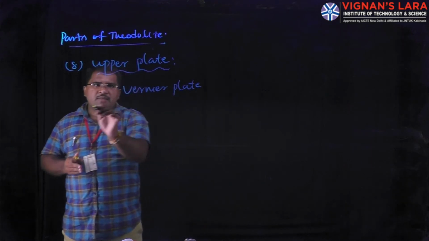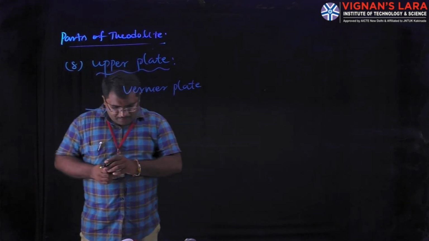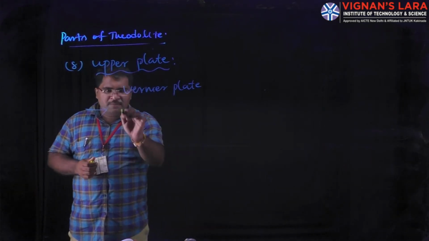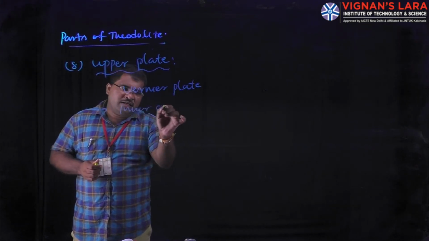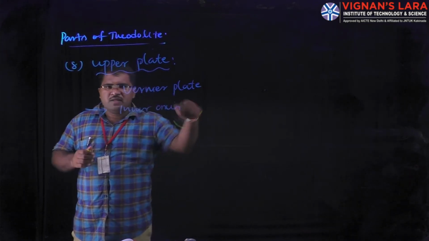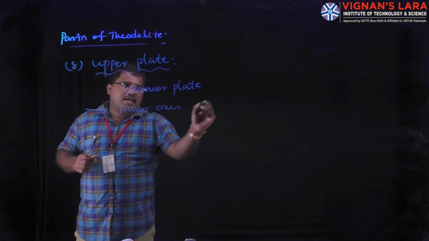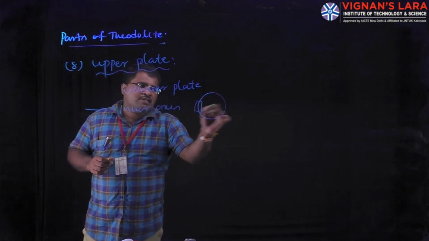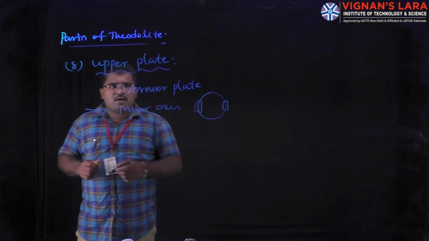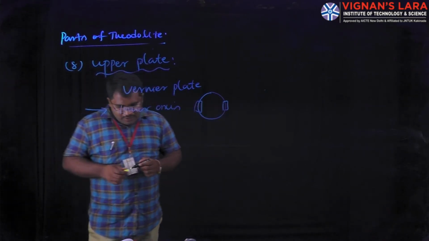Normally this upper plate is attached to the inner axis, as we already know. The inner axis is solid, so it is attached to the upper plate, and it has two verniers on either side, so that's why it is called the vernier plate.